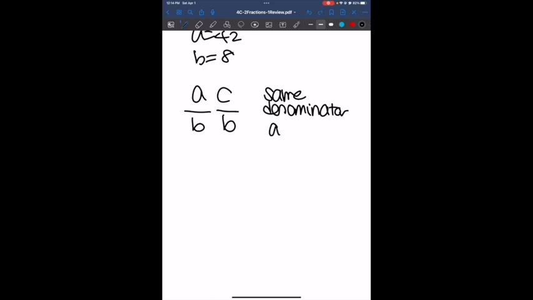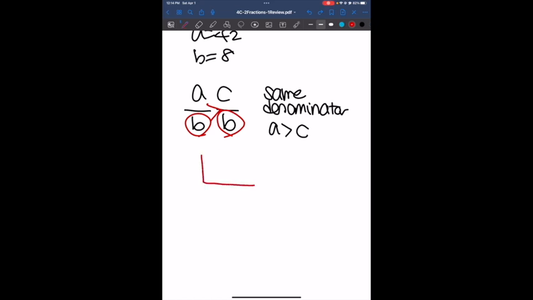In this case, A is greater than C, so this fraction is bigger. When the denominator is the same, the fraction with the larger numerator, the larger top number, is going to be larger, because we're dividing a larger amount by the same amount.